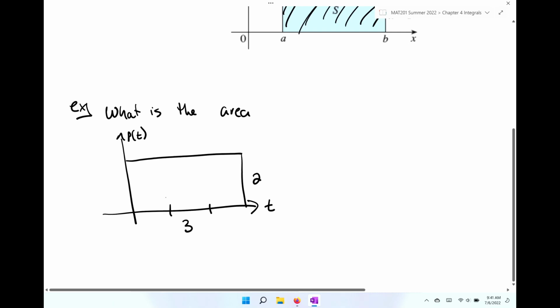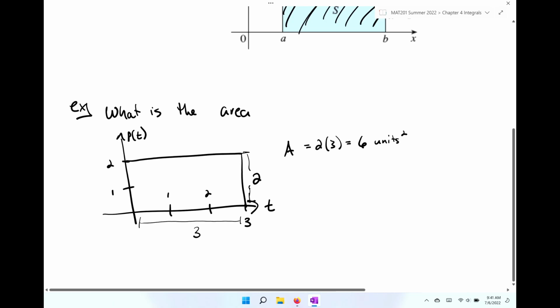So this is 1, 2, and obviously this would be 3. And this would be 1 and 2. If I asked you to find the area of this, what we could say is, well, the length here is 3. The height here, obviously, is 2. So the area of this uniform distribution would be 2 times 3, which equals 6 units squared.